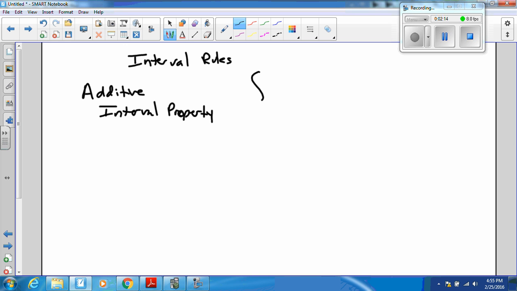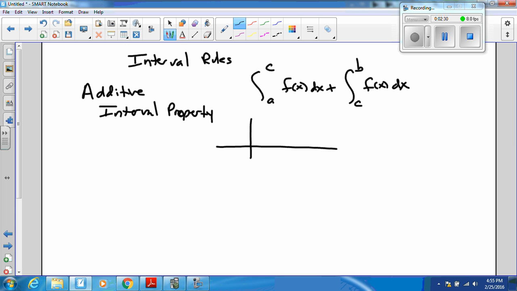The idea here is that if I integrate from a to c, f of x dx, and then I integrate the exact same thing from c to b of f of x dx, then what I'm doing is really just integrating the entire thing in pieces, so that the end point of my first interval matches the beginning point of my second interval, and I can just collapse all of that into a single integral, the integral from a to b of f of x dx.